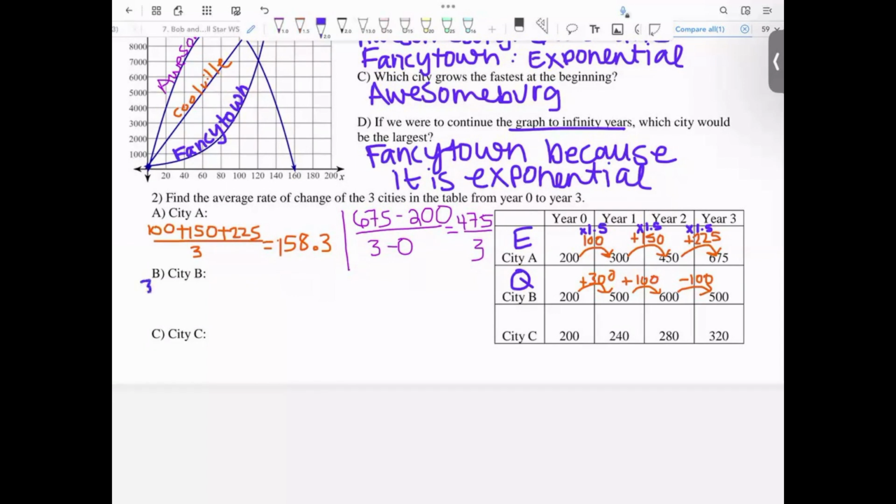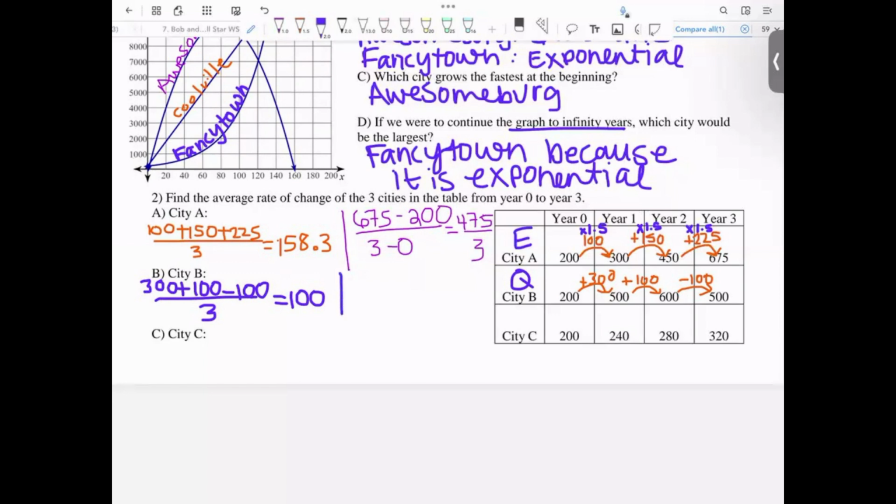So with the average, we have 300 plus 100 minus 100 divided by 3, and we get 100 on average. We are adding 100 each year, even though we added more than that and less than that, it averages out to 100.